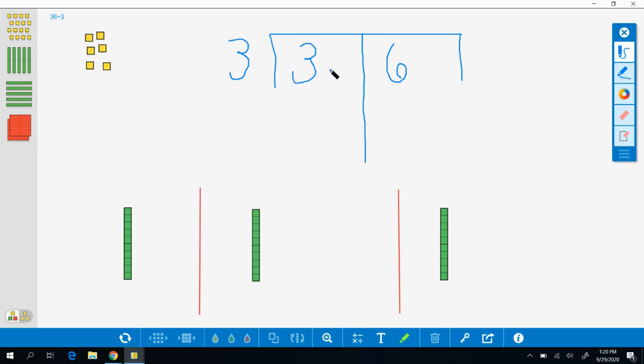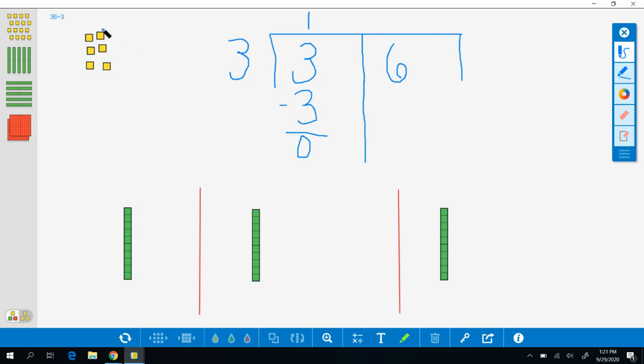So we started with 30, or 3 tens. We broke the group of 3 tens into 3 equal groups, and each group has 1 ten. Okay. 1 ten in 3 groups, or 3 groups of 10, is 10, 20, 30. And when I subtract 30 minus 30, I get 0.